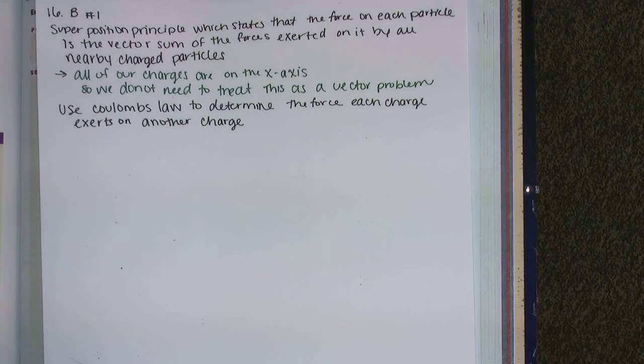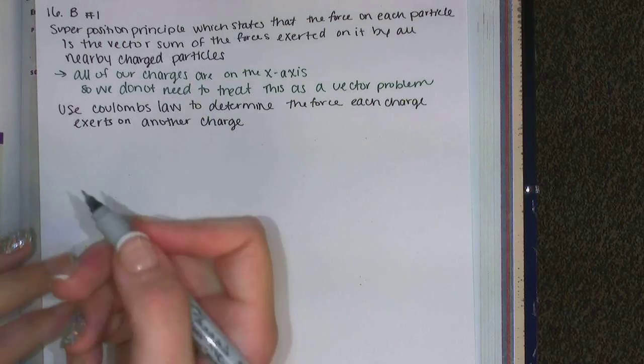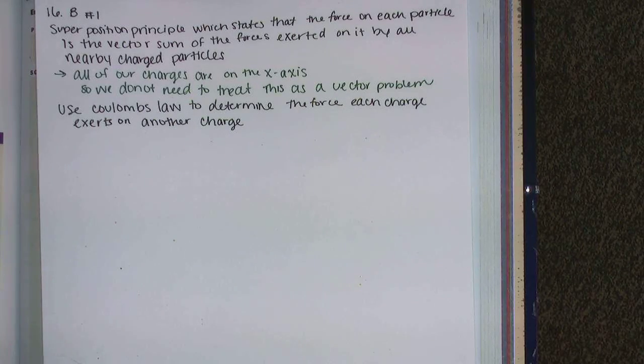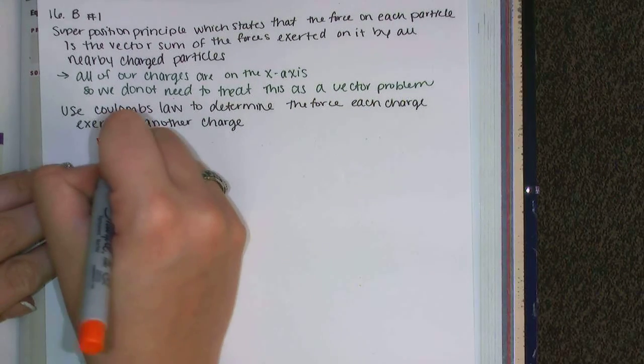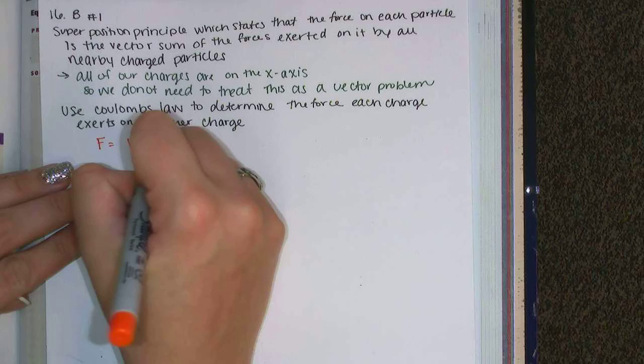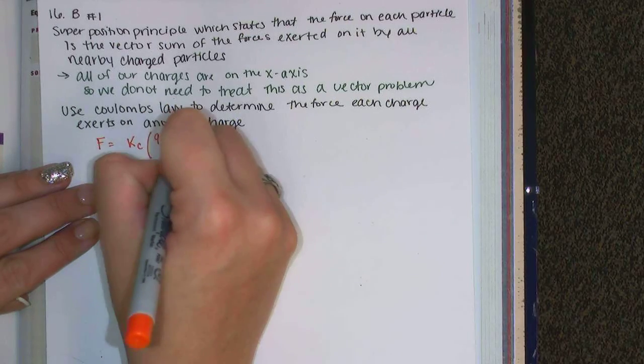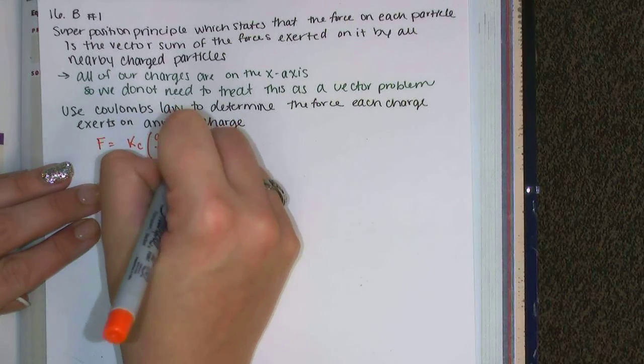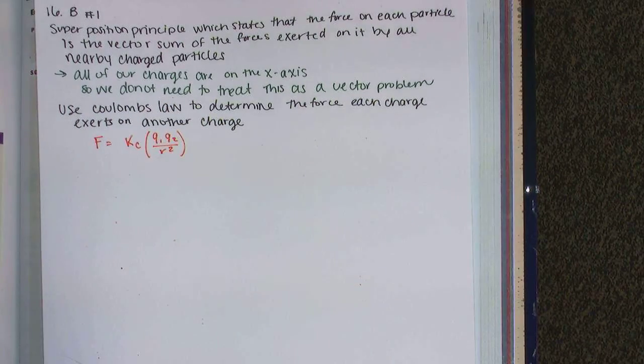So we'll be using the formula F is equal to K sub C times Q1, Q2 all over R squared. Okay, and these 1 and 2s obviously will end up being other numbers as well since we have 3 charges that we're dealing with.